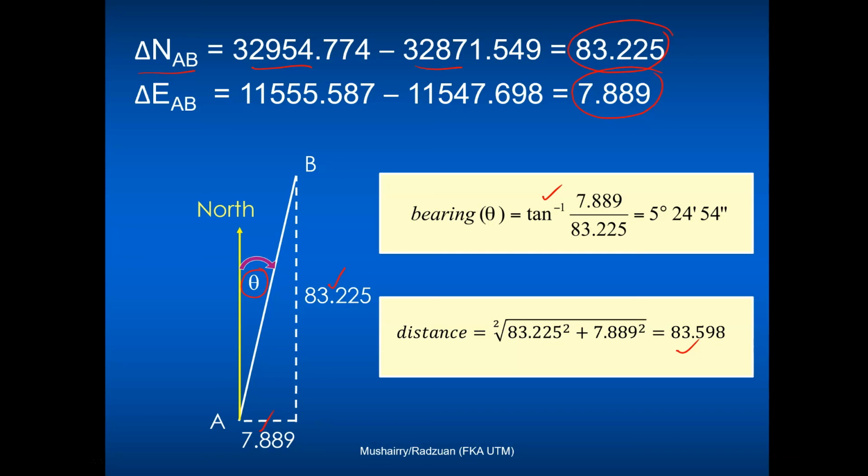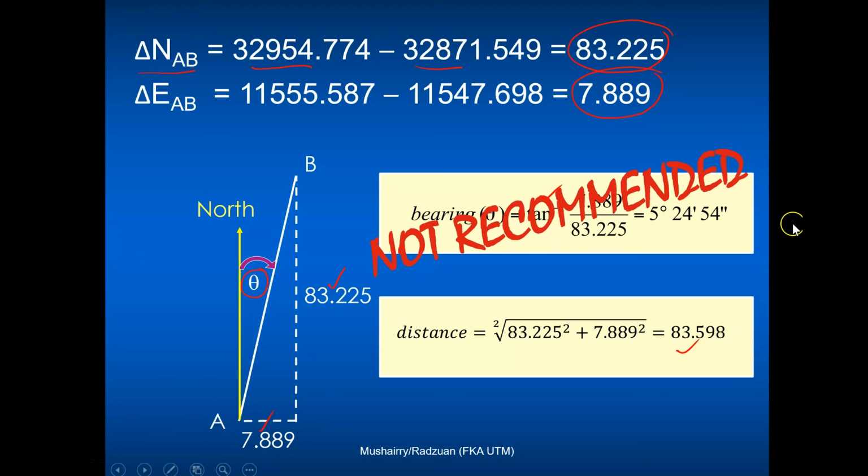But I'm not going to recommend this, because if you try to use sine, cosine, and tangent as they are, you might make errors in the sense that you might not get the right quadrant. I think the next slide will probably explain.